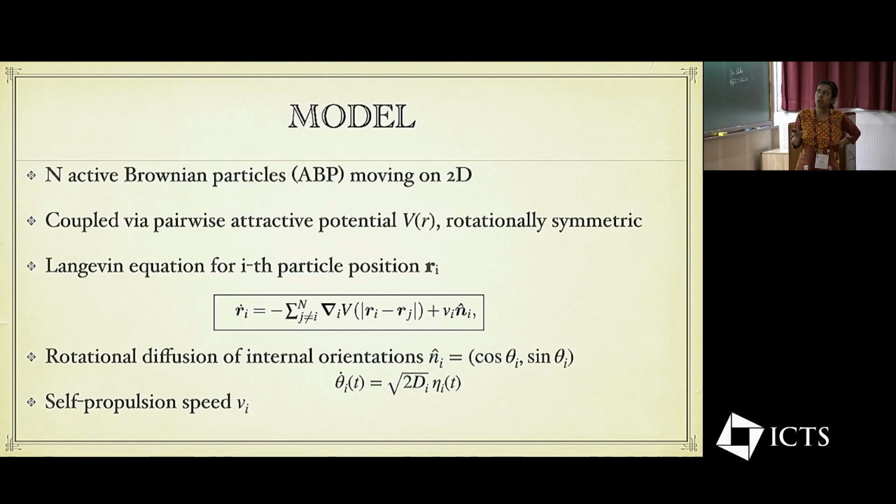This is the force coming from all the other particles coupled to this particle, and this is the self-propulsion term. The speed is v_i, and n_i is a unit vector characterized by the angle theta_i, which undergoes rotational diffusion. So it's the usual active Brownian motion. The only thing is that each particle has its own self-propulsion speed.